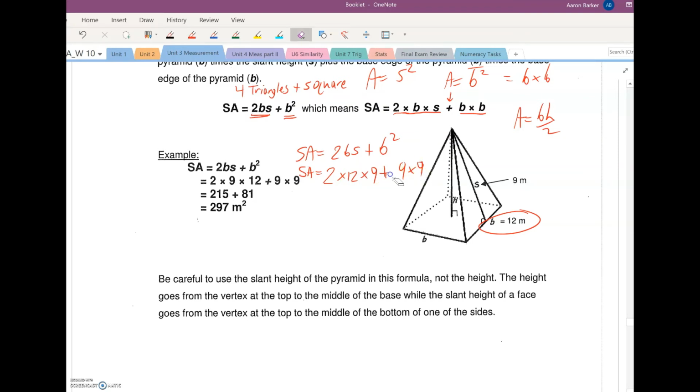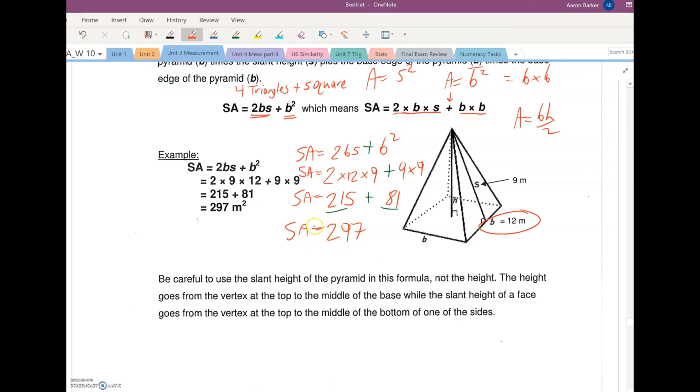Now I want to change that plus sign to a different color, because it really separates the question into two parts. So 2 times 12 times 9 is 216, and 81. You have to find those two answers, then you can add them up at the end. So you have to do a little bit of work on your calculator and write those things down.